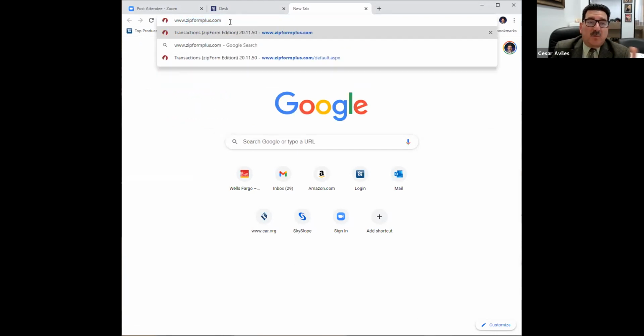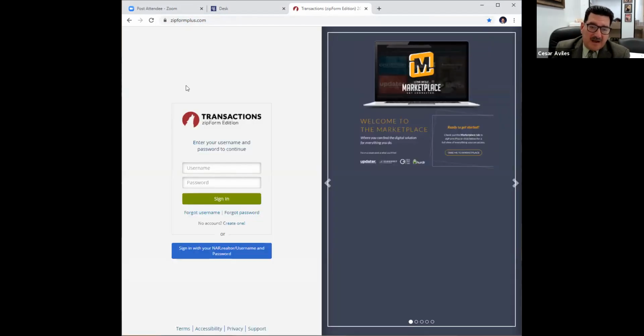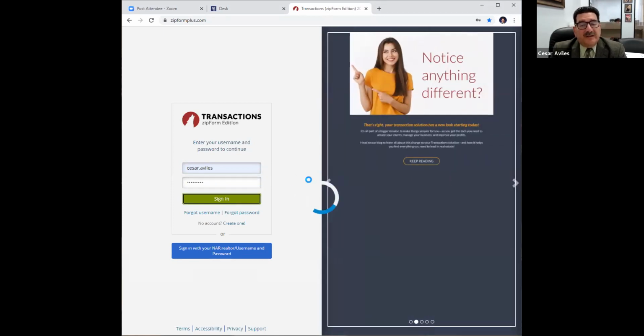This is the way to get into the broker version of zipForm. We pay money to have this and be able to have set up our company templates and things of that nature. And that's the biggest benefit, that we would have the templates with the required documentation.